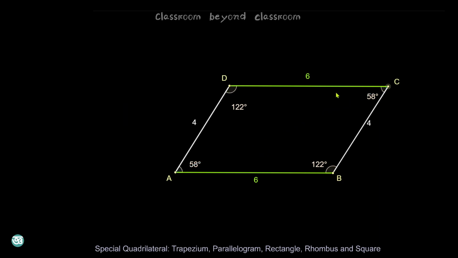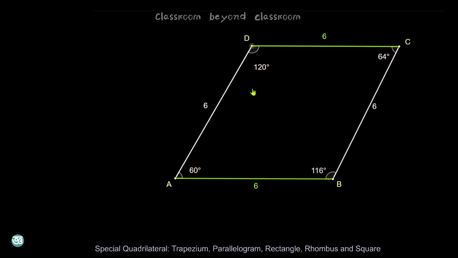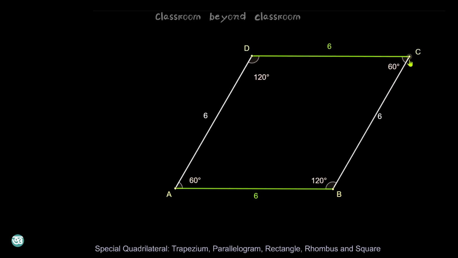So a rhombus, let us see, it becomes a rhombus if the sides are equal. So like this, you see, this is a parallelogram, opposite sides are parallel and all the sides are equal, so this becomes a rhombus.